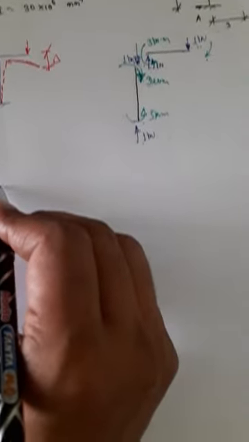Now I am going to write the equation for moment M for each of the sections. To do that, I am going to write a table which will simplify things for me.